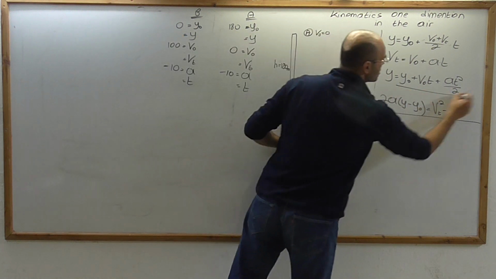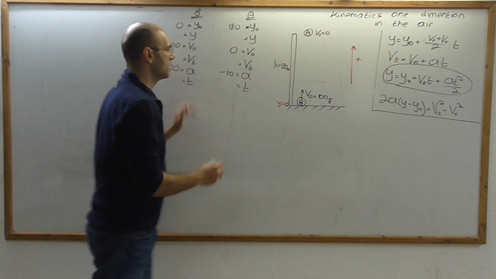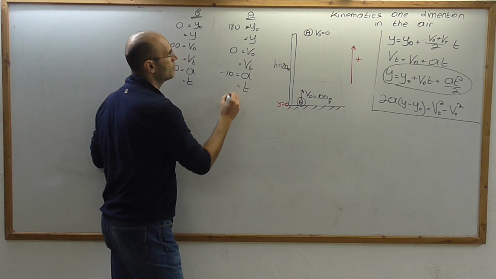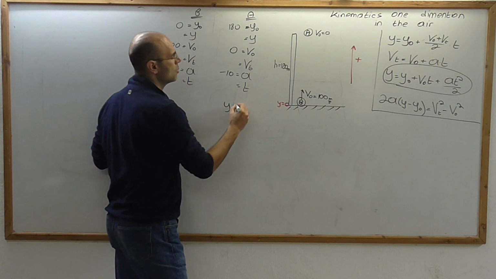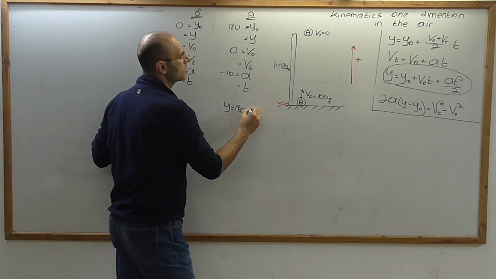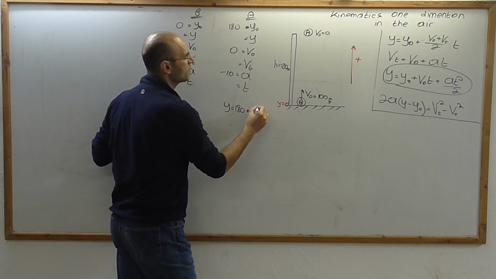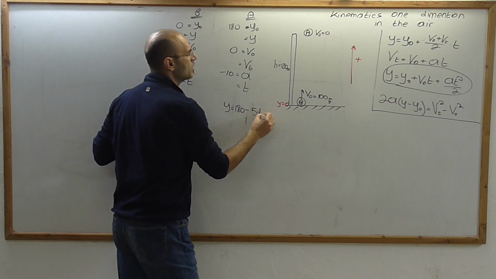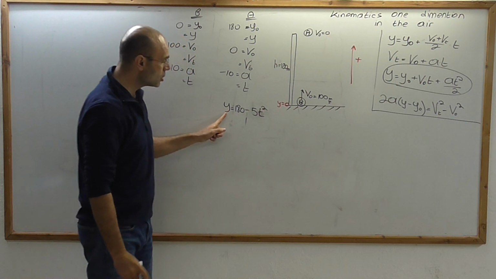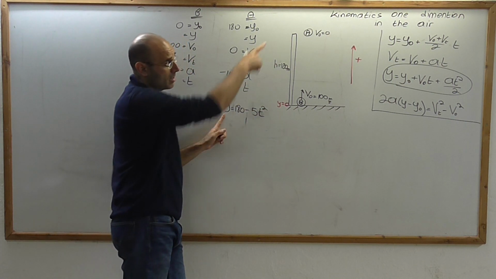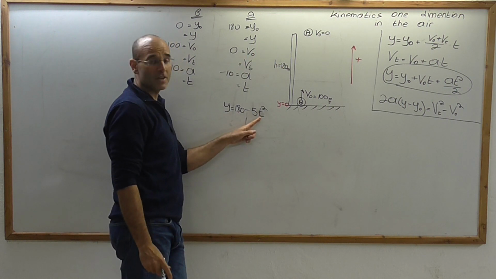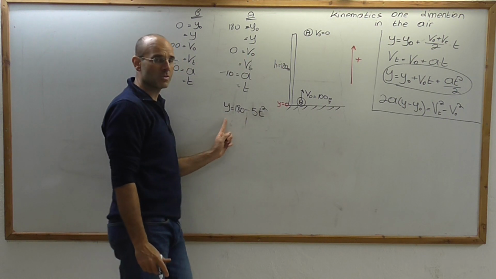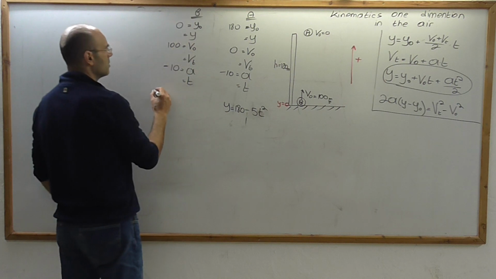Let's use this formula for both of them. So if I use it for A, I'll get y equals 180 plus nothing minus 5t squared. This is the position of the ball A as a function of t. If I know the t, I will know the position. Let's do it here again.